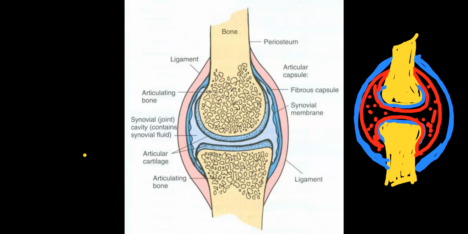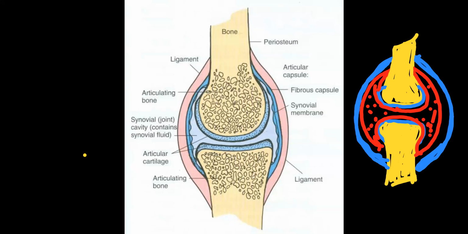And then the joint is entirely enclosed in a membrane which is called the synovial membrane, and it secretes synovial fluid in the cavity called the synovial cavity. And the bones at this position are held by which specialized tissue? Ligament.